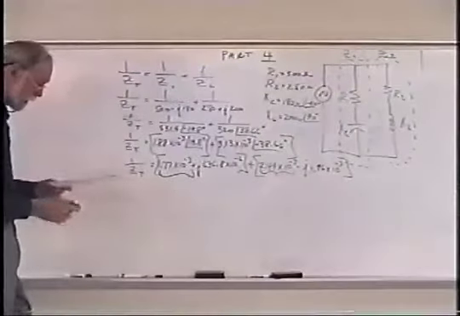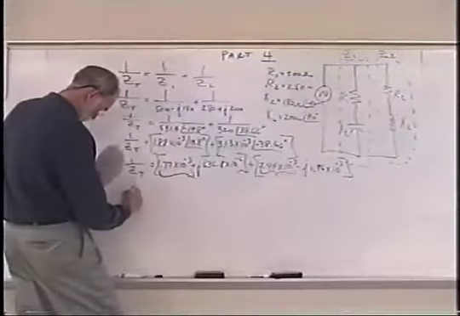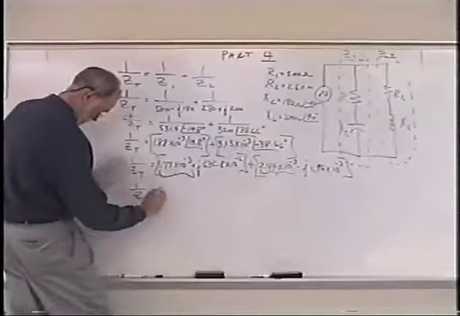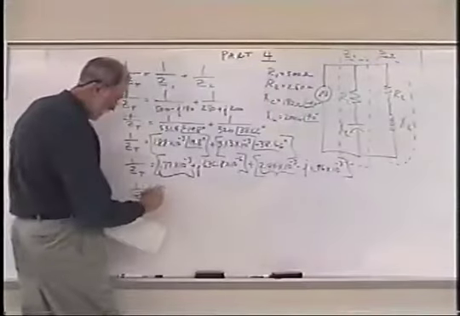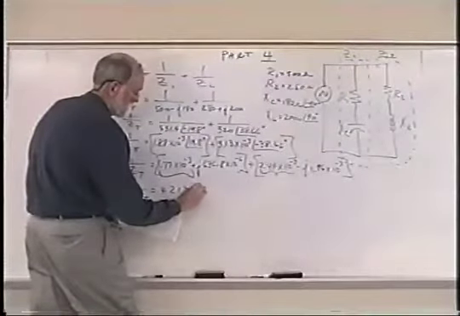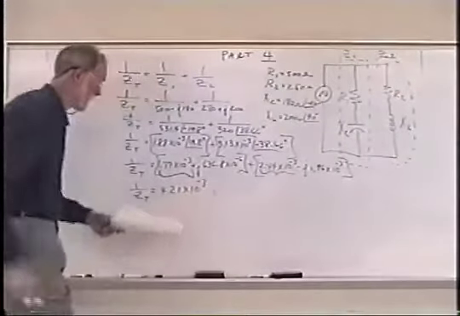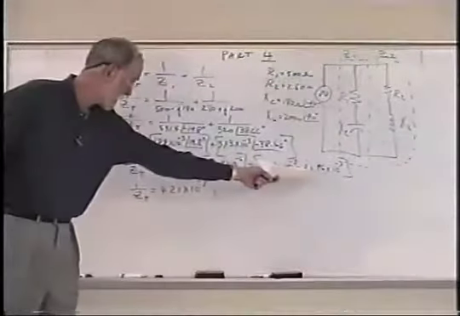So when I carry that out, I get 1 over Z total is equal to 4.21 times 10 to the negative third. And which is bigger, the plus j or the minus j value?